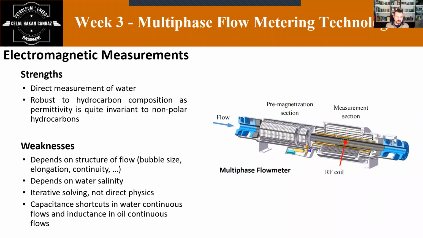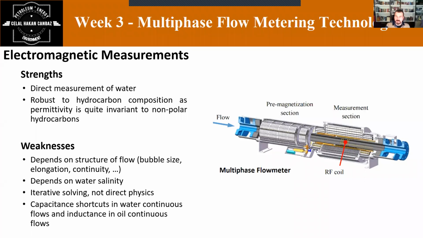So this is another problem. It has iterative solving, not direct physics, so the calculation works with iterations. There is capacitance shortcut in water continuous flow and inductance in oil continuous flow. These are the weaknesses of the tool.